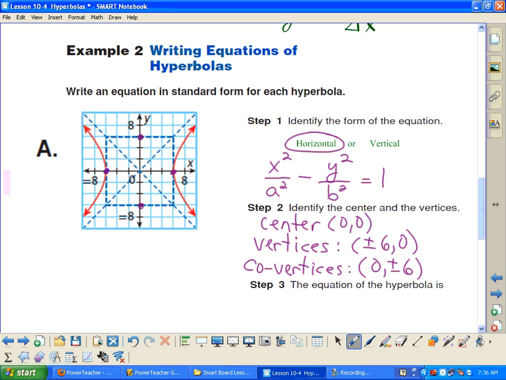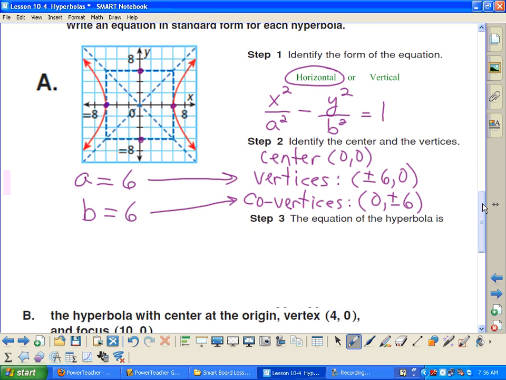That tells us that a is 6 from the vertex, and b in this case is also going to be 6 from the co-vertex. So when I write the equation, I'm just going to put 6 in for a, 6 in for b. So we get x squared over 6 squared, which is 36, minus y squared over 36 equals 1. And that would be the equation of our hyperbola.